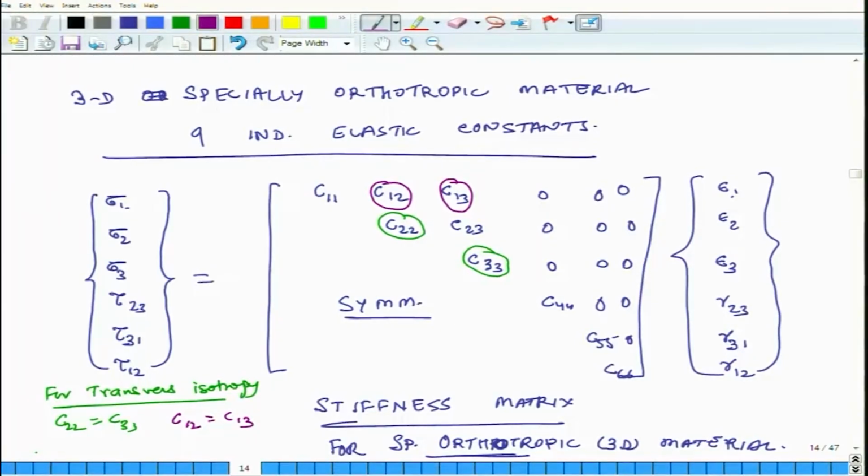And C55 and C66 are the same, and finally we can show that C22 minus C33 divided by 2 equals C44.